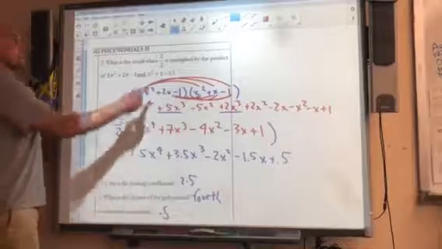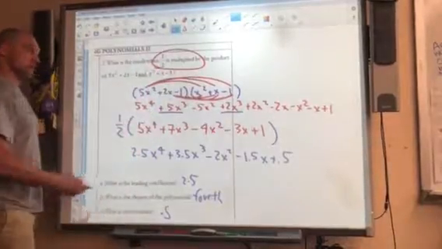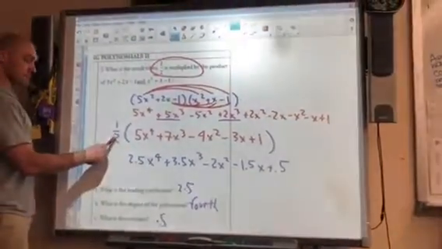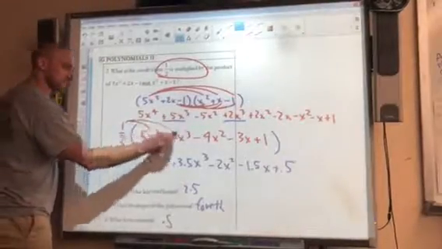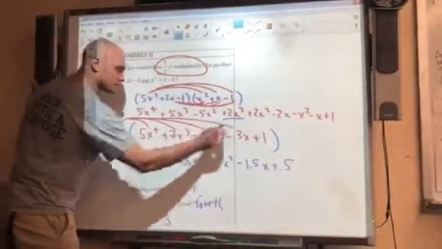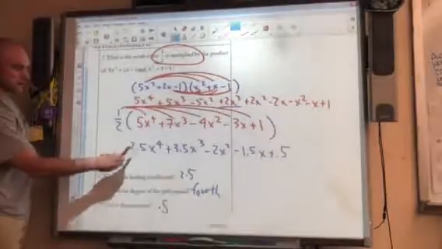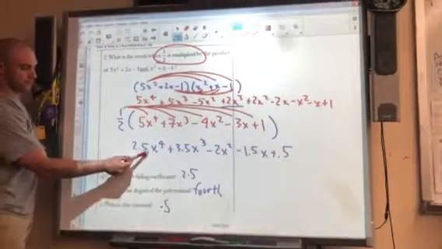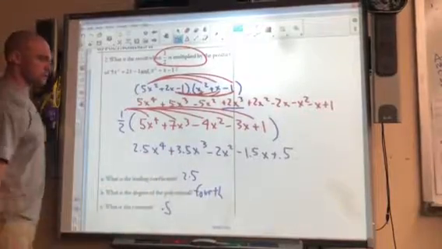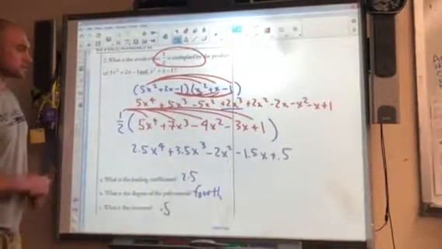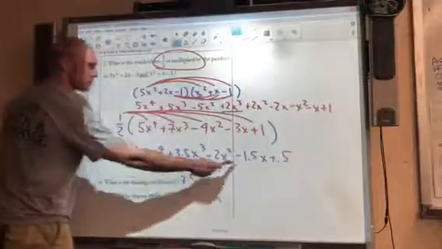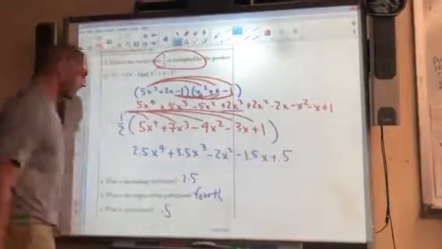Now, then it says when 1/2 is multiplied by that, so now I'm taking 1/2 and I am distributing it to all of the terms. So I end up with 2.5x to the 4th plus 3.5x cubed minus 2x squared minus 1.5x plus 0.5.